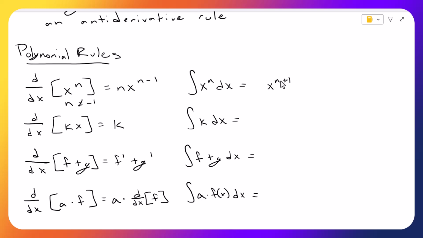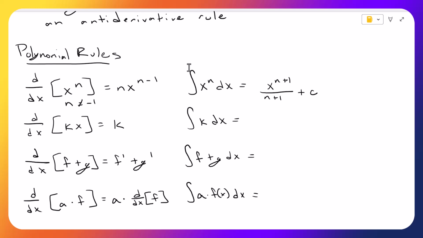We are just doing the inverse. So the antiderivative of x to the n dx is x to the n plus 1 divided by n plus 1, plus c. Every time we take an indefinite integral, we're going to have a plus c.